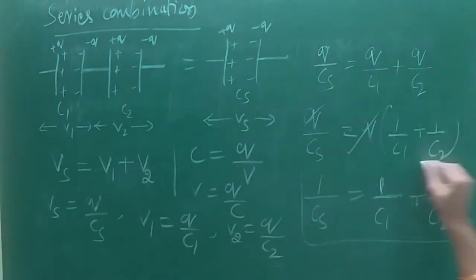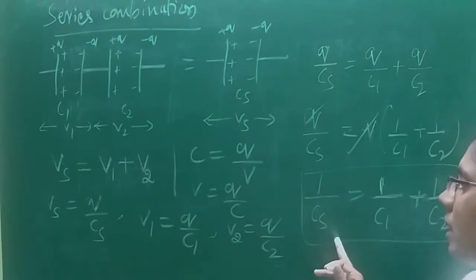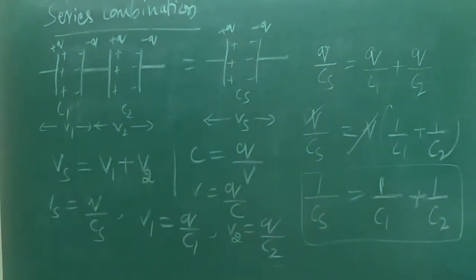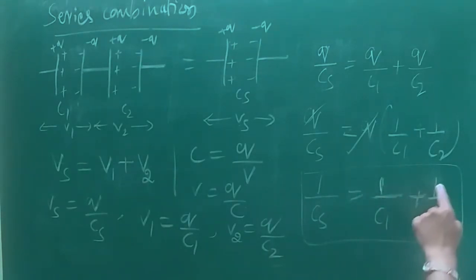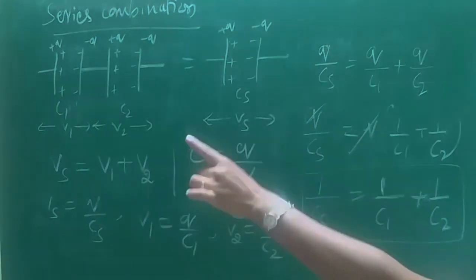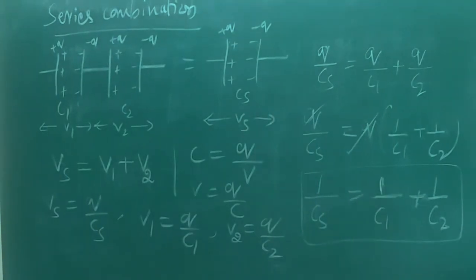This is the expression for the equivalent capacitance of capacitors in series combination. That is, the reciprocal of the equivalent capacitance in series combination is always equal to the sum of the reciprocals of each and every capacitor in that combination.